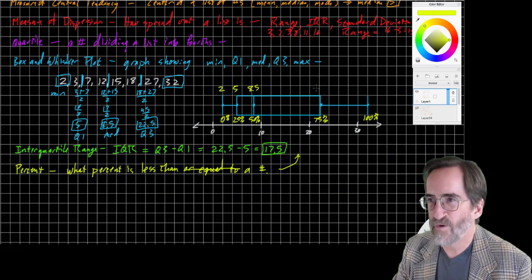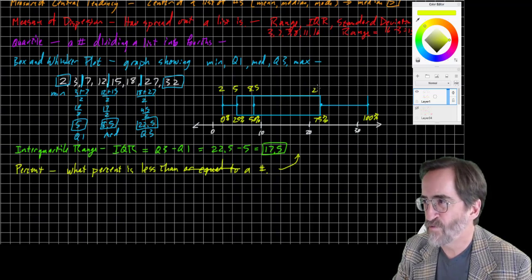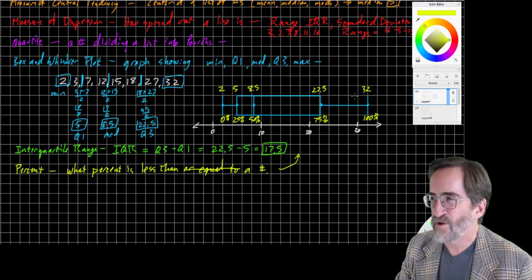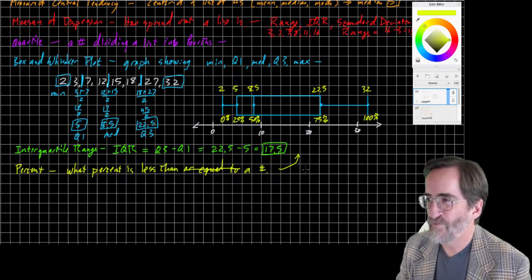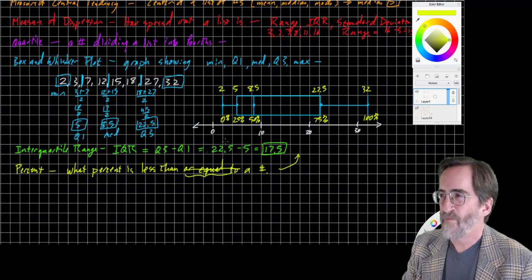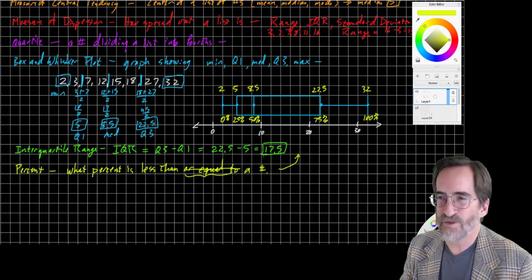And the number 22.5, 75% are less than that. And 32. Now there's a little bit of fudge room here. The 32 is the 100th percentile. It actually should include or equal to. Okay, and loosely those are the percentiles of the box and whisker plot.